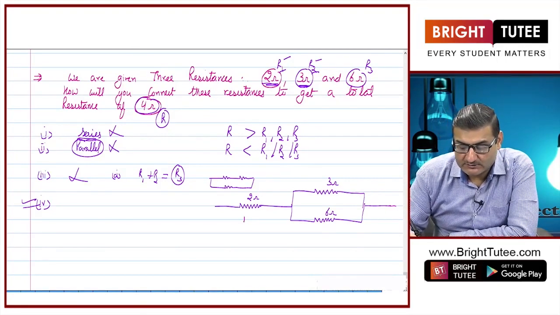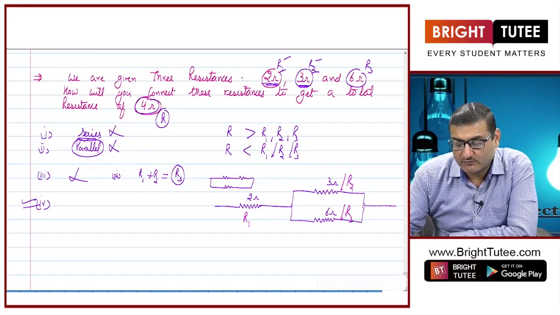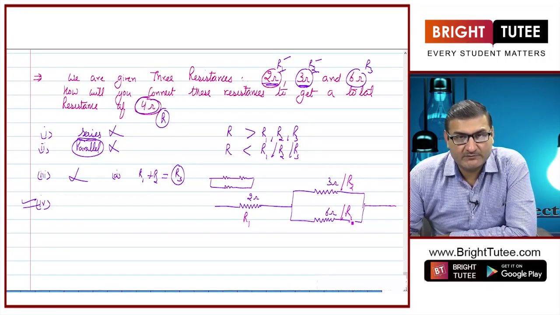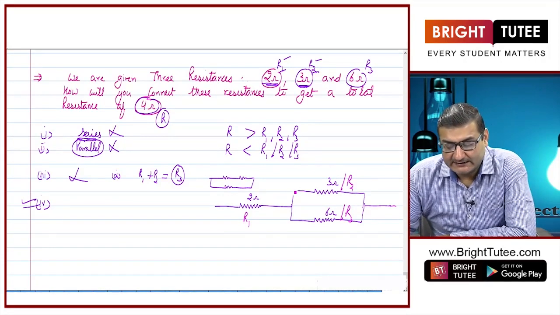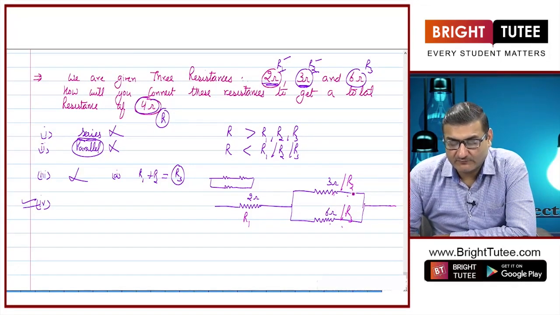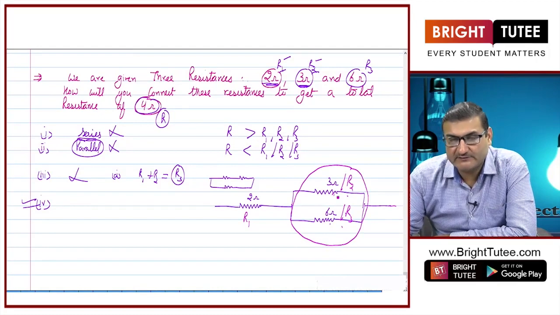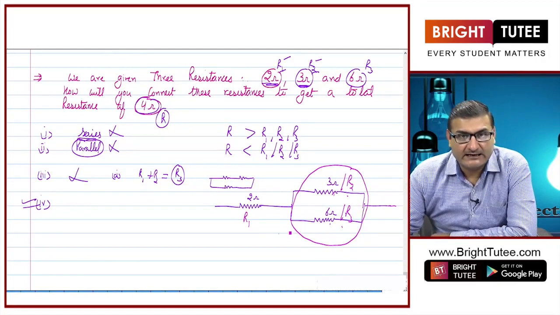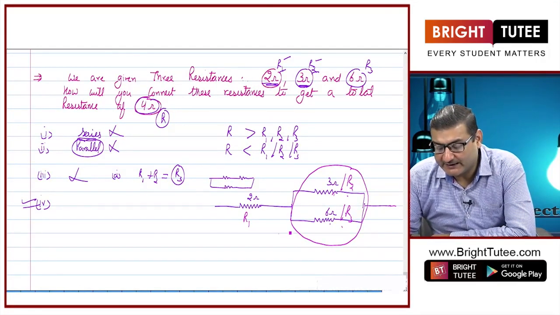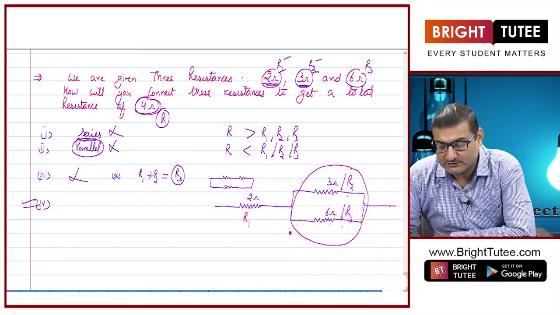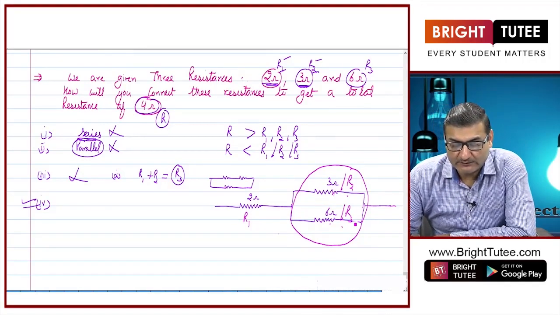Now, this was our R1, this was our R2, this was our R3. From this question, we can relate that R2 and R3 are in parallel. So, what I will do is, first of all, I will take one resistance instead of these two, and for that I will calculate the combined resistance of R2 and R3.